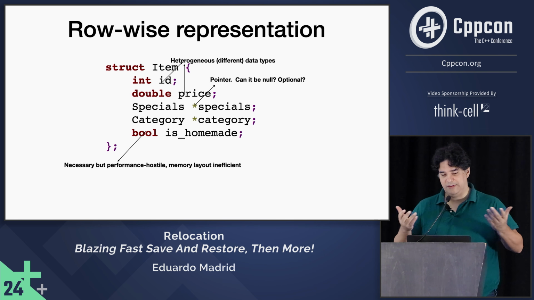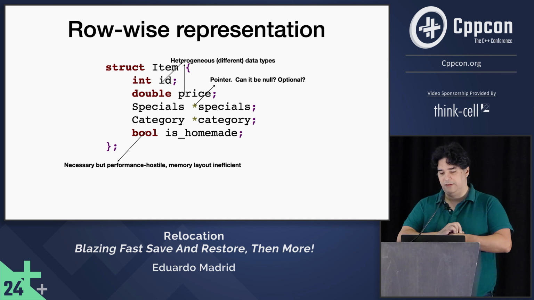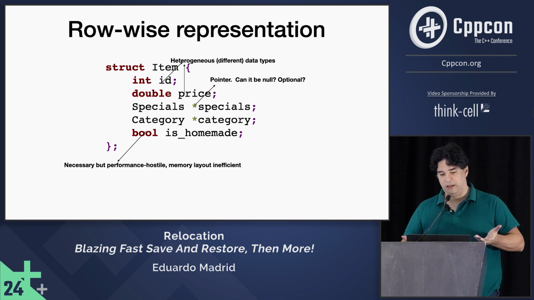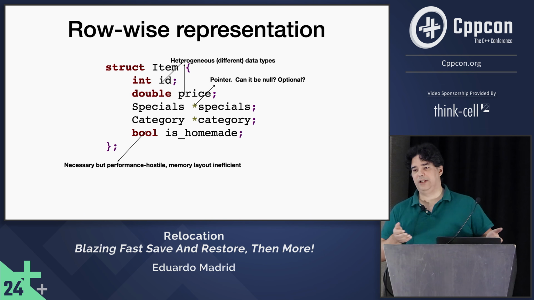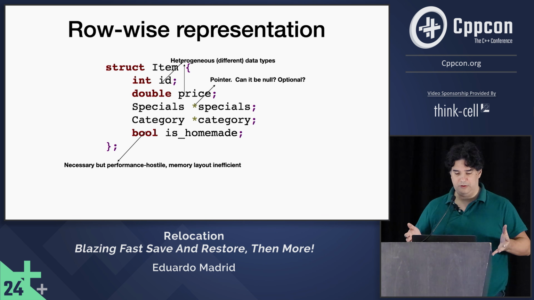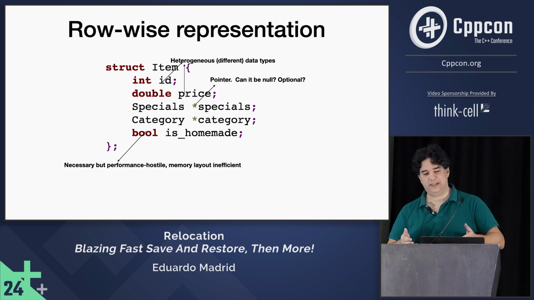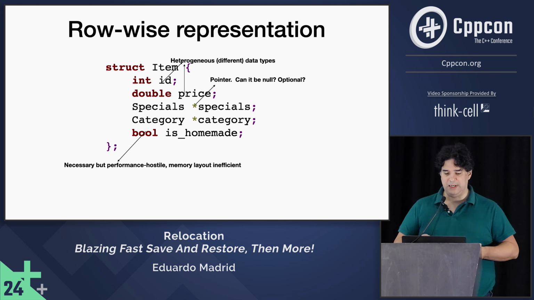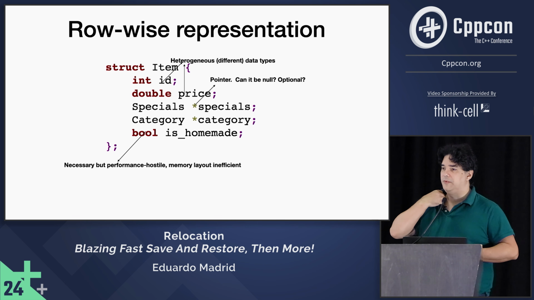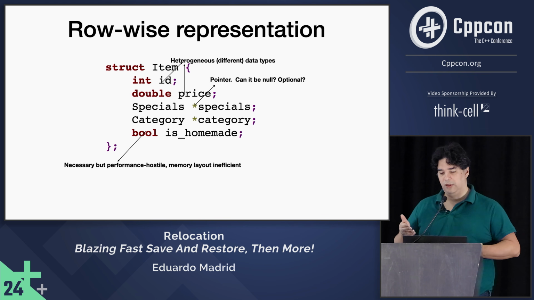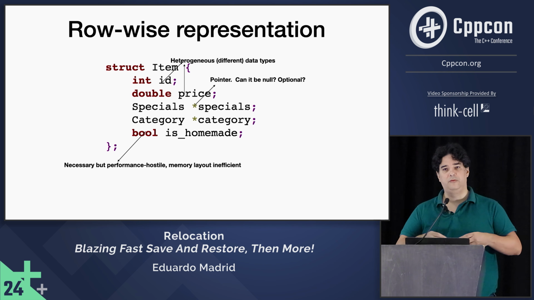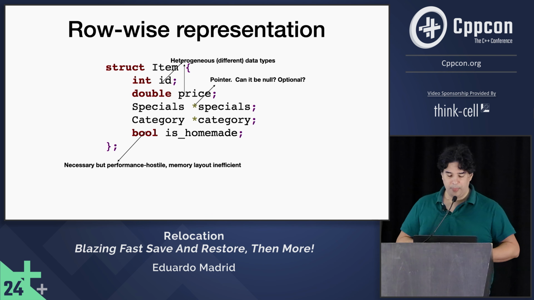So you can have, for example, that the items have a field, a member, that is an ID. They have a price. I put it in double just because I want the thing to be very heterogeneous. It doesn't make sense in reality, but for the purposes of this presentation, I wanted something that has a very different type. You have a pointer to the specials of the trading on that particular item.